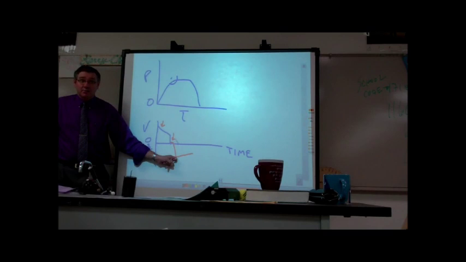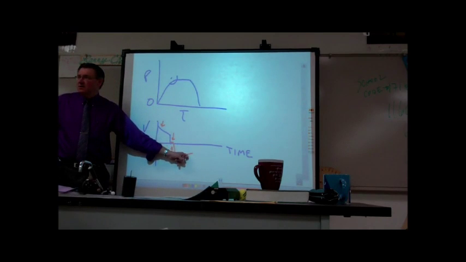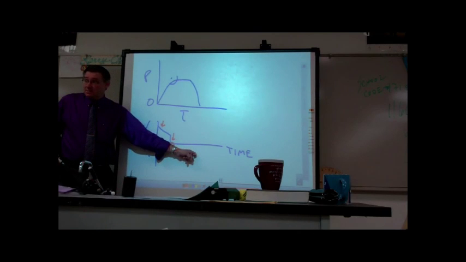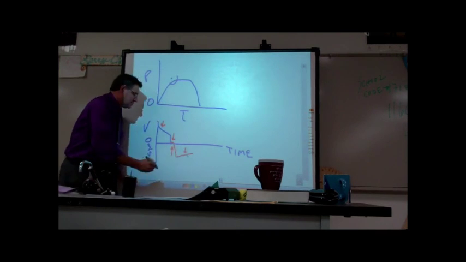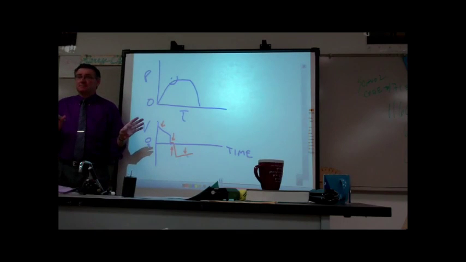Speeding up. How do you know? Negative acceleration, negative velocity. So here it's going to speed up. What's it going to do here? Slow down, because now I have positive acceleration and I'm going to slow down. So what's the only time in that trip it speeds up? When she pushes it back. Got that.